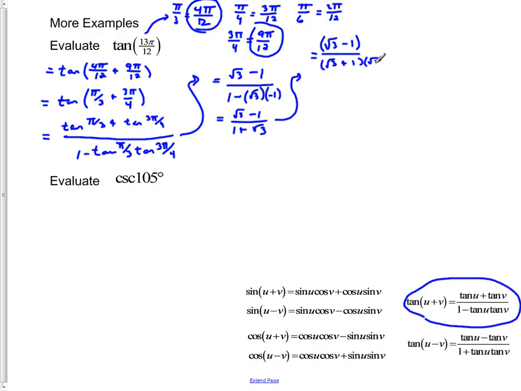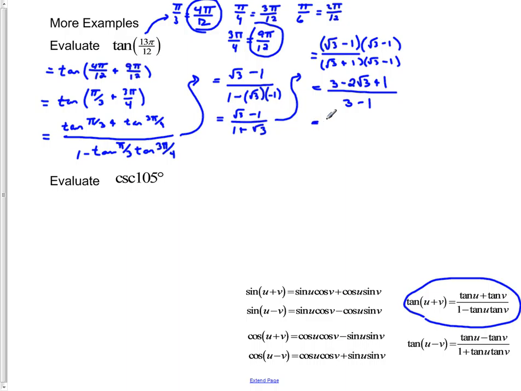Times the square root of 3 minus 1 over the square root of 3 minus 1, which is going to rationalize this denominator. In the numerator, we're going to get 3 minus 2 times root 3 plus 1. And in the denominator, we're going to get square root of 3 times square root of 3 minus 1. There is no middle term, right? With sum and difference binomials, the middle term drops out.